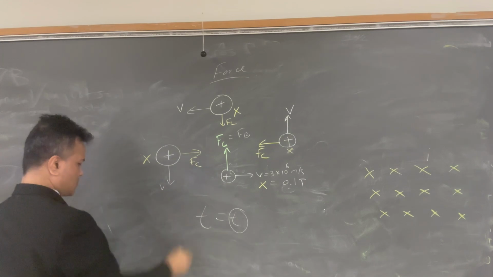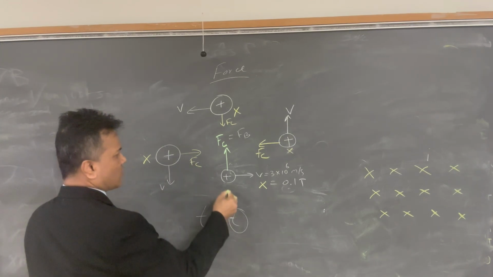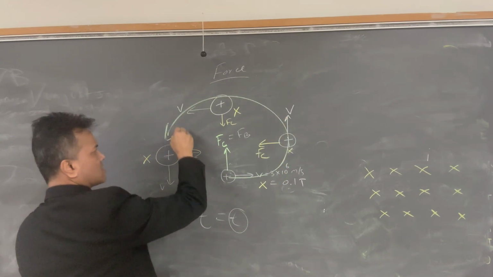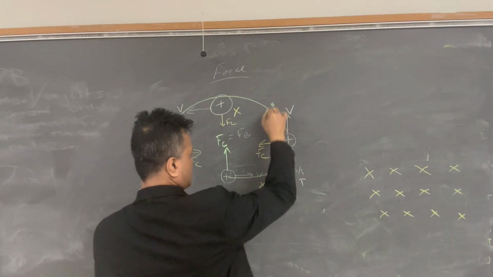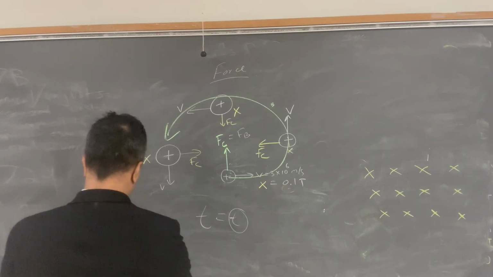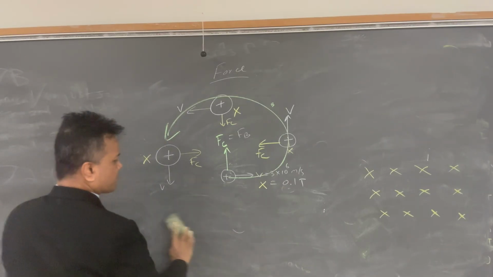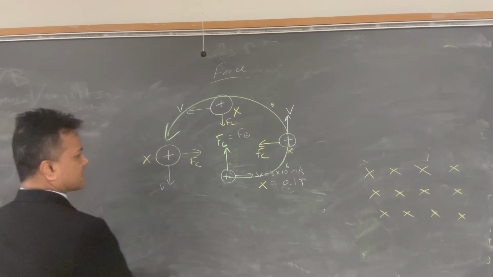All right. So what do you see? Counterclockwise. What is counterclockwise? Field created by what? The proton. Now, can you find the radius of this loop created by this proton?